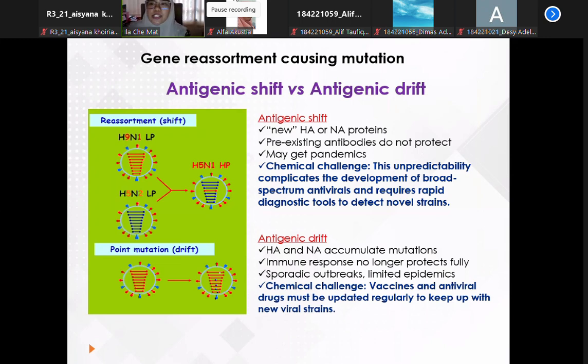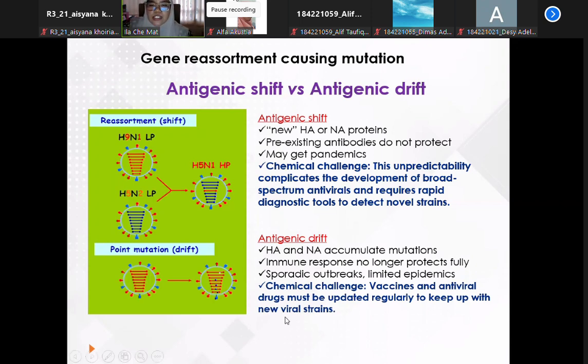And then for the antigenic drift, it's not a huge difference. It has the same name, for example H9N1, but you can see there's a point mutation there, the blue dot on the genomic material. This one does not cause a pandemic, but it can still cause an outbreak, because the immune response you received during the first exposure cannot protect you 100% from this.